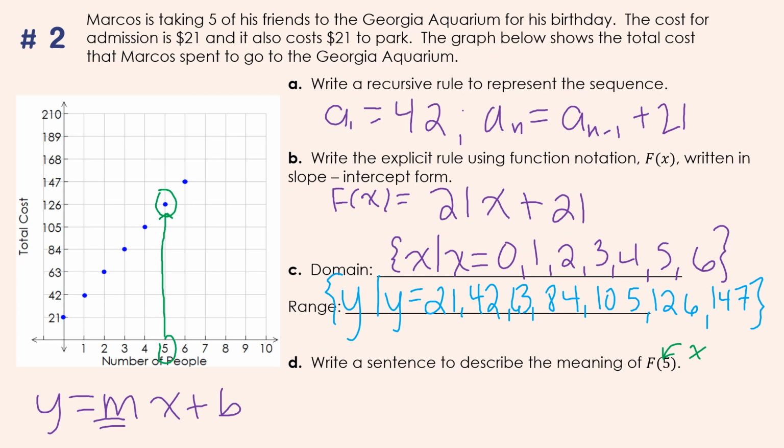So f of 5 is asking how much does it cost for 5 people? So that's what you are going to write in your sentence. And you can say it a couple of different ways. I'm going to put the cost of 5 people, and that would be, let's see, what does that say? $126.